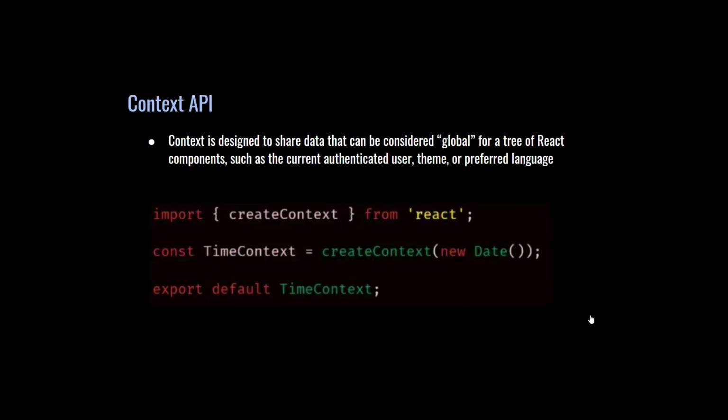So they had initially started to do the context API internally, and I'll just read the definition here. It's designed to share data that can be considered global for a tree of React components, such as things like logging, theme, preferred language.